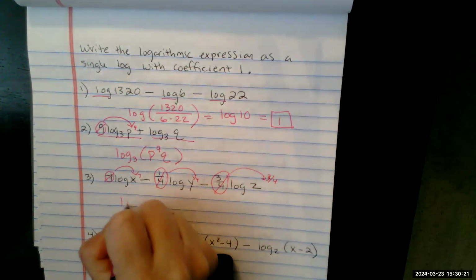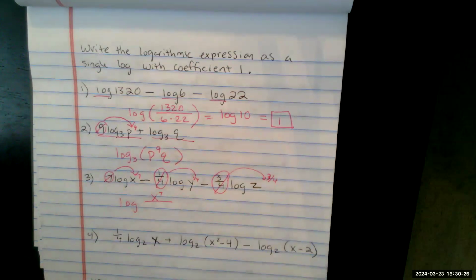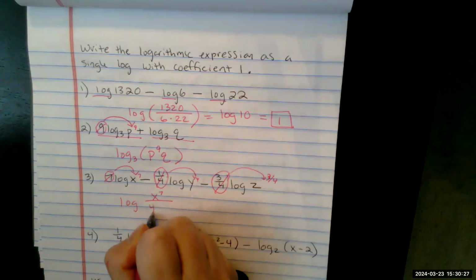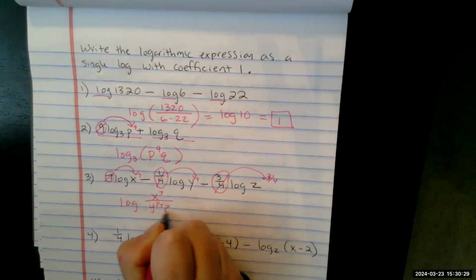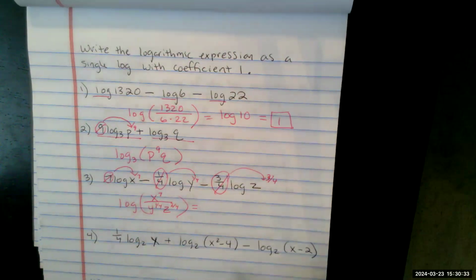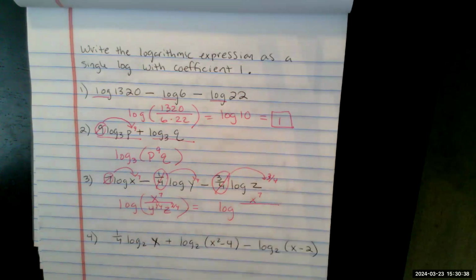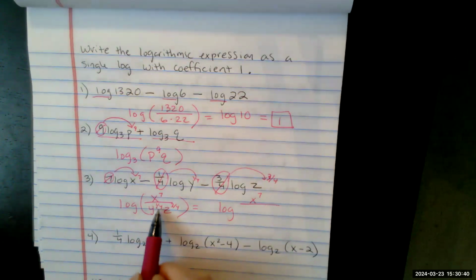So this becomes log of x to the 7th over y to the 1/4, z to the 3/4. But we can even write that in a nicer way, because if both things on the bottom are to the something 4th, that means they both are under the 4th root.